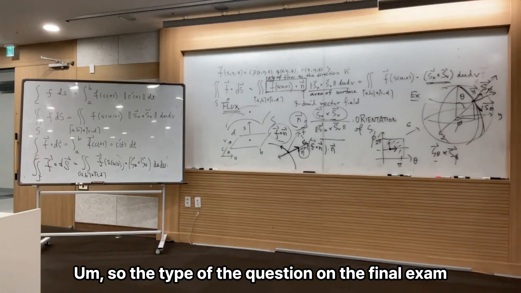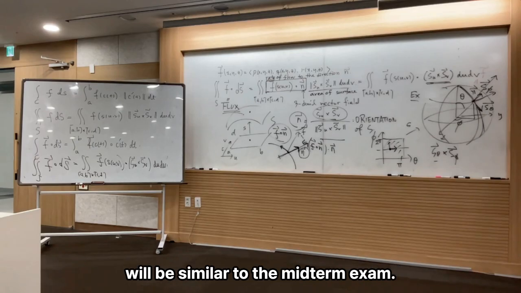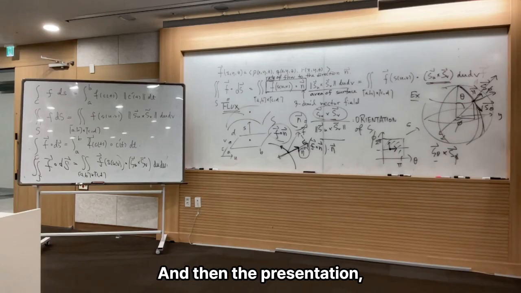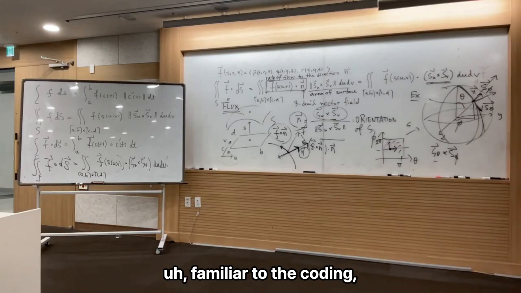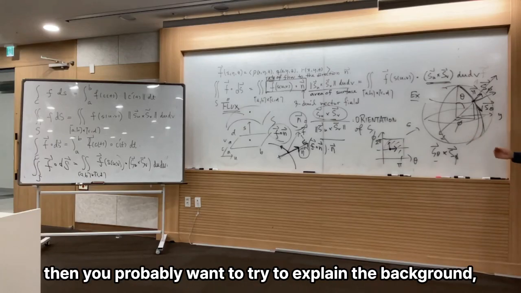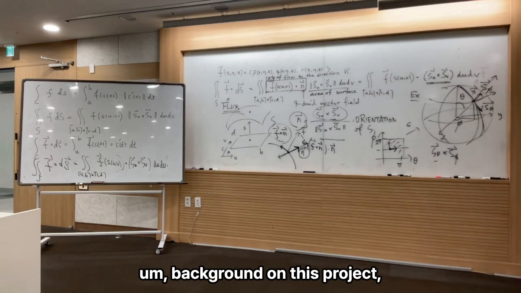The type of question on the final exam will be similar to the midterm exam. And in the presentation, I understand if you're not familiar with coding, then you probably want to try to explain the background of this project in more detail.